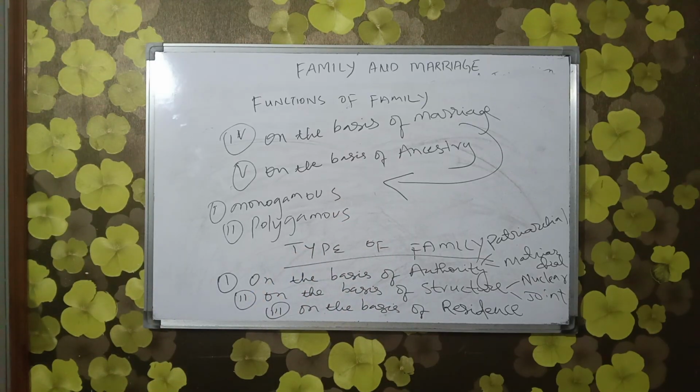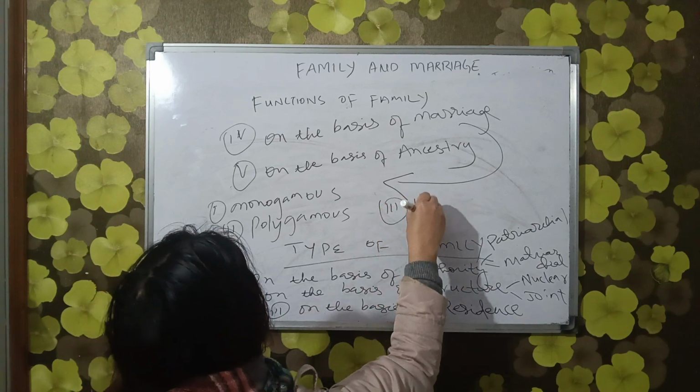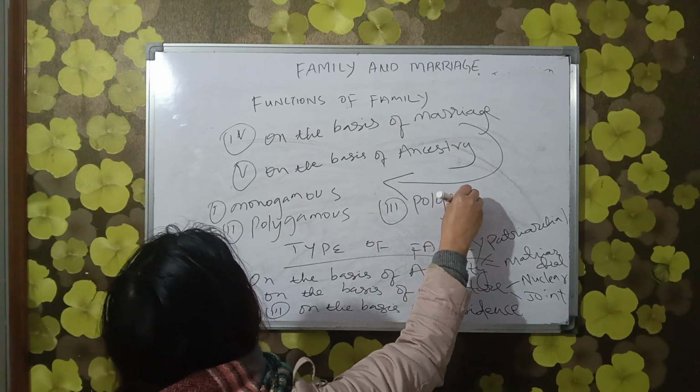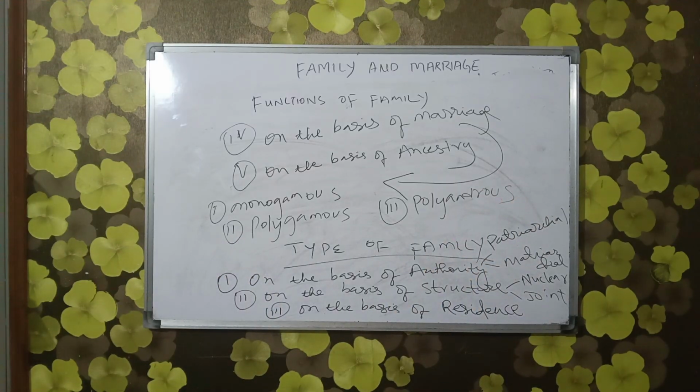And the third one is polyandrous. So on the basis of marriage, the family is divided into three types.